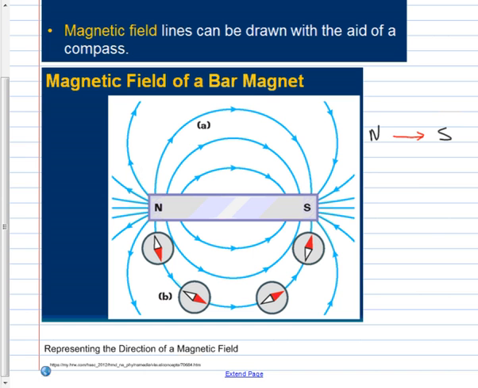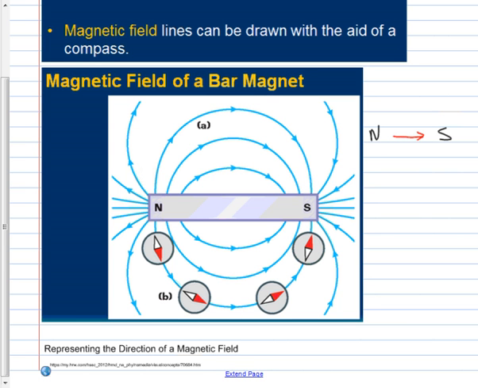The red right here is the north pole of this compass magnet. The white is the south pole of this compass magnet. The north side of that compass is pointing toward the north, which means up there in the north is not a north magnetic pole. It's a south magnetic pole.